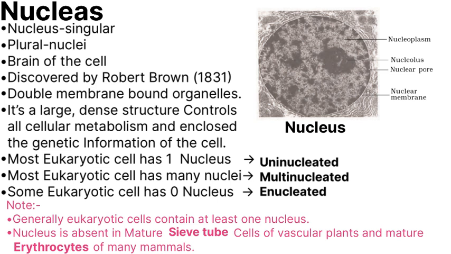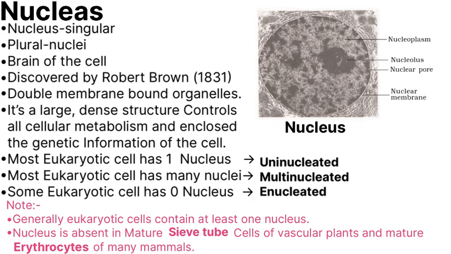And along with them, some of the eukaryotic cells also have zero nucleus in them, and they are termed as enucleated. For example of enucleated cells, there are mature sieve tube cells and mature erythrocyte cells. See, what happens is in the mammalian RBCs, they have nuclei when they are young, but they lose it when they mature.